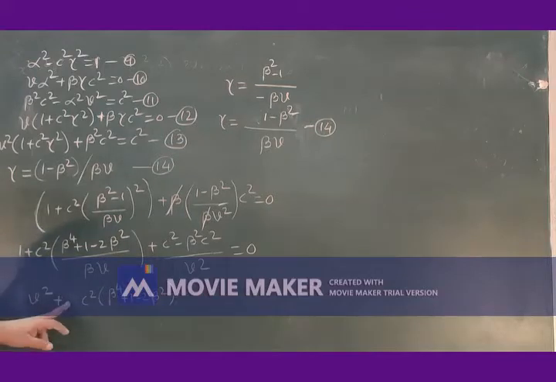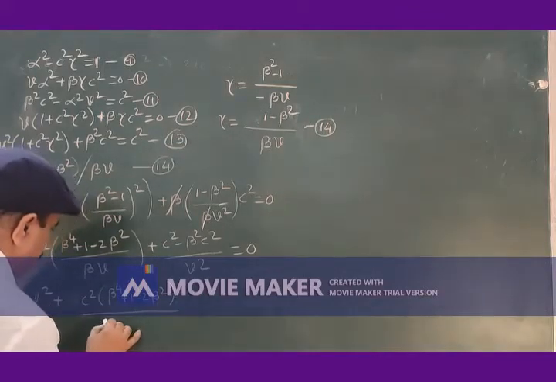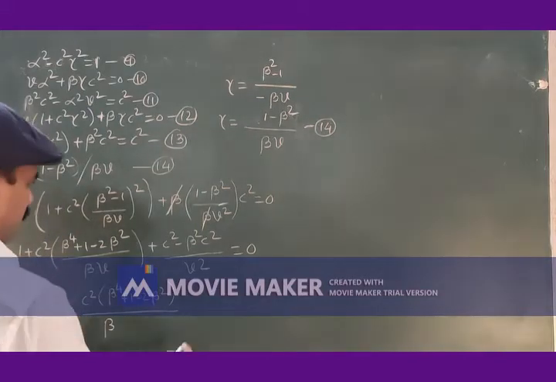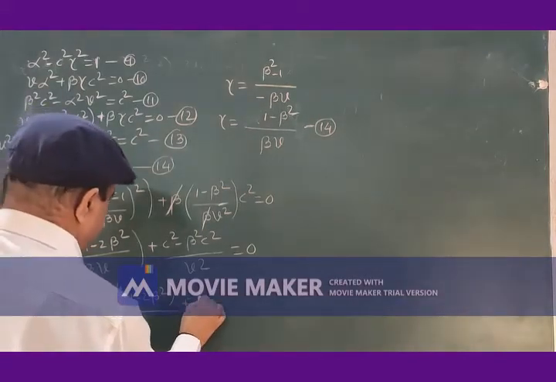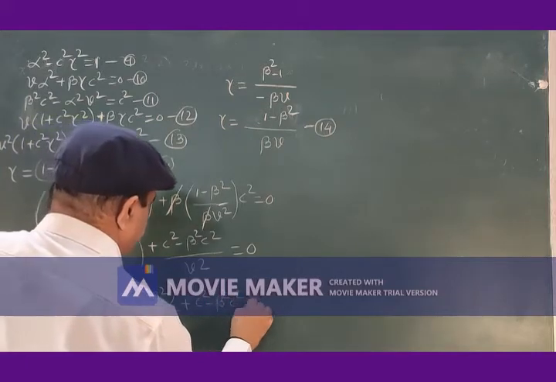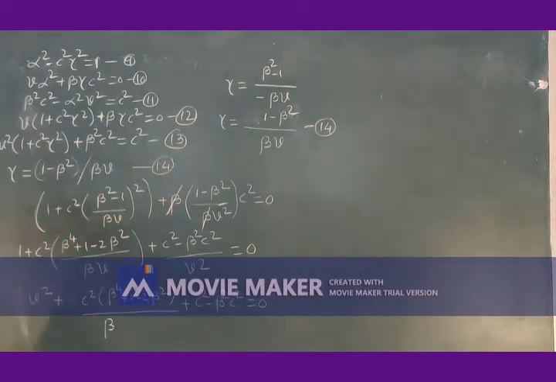Multiply this by v square, beta will be left here, and this will be simply c square minus beta square c square is equal to 0, if only v square is taken common, but beta is still remaining here. Okay, let us solve this.